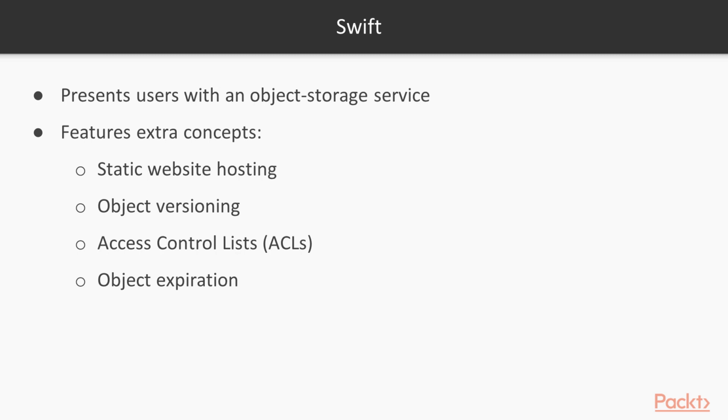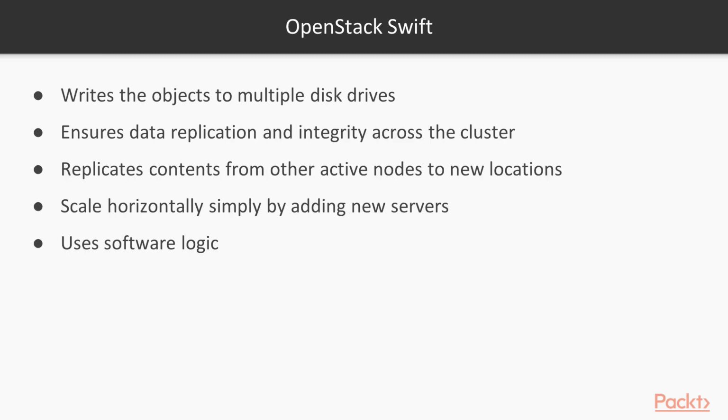It also features a lot of cool extras, such as static website hosting, object versioning, access control lists, ACLs, and object expiration. OpenStack Swift writes the object to multiple disk drives spread through servers in the data center. Swift software is responsible for ensuring data replication and integrity across the cluster.